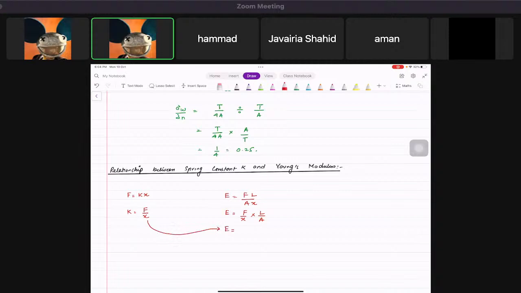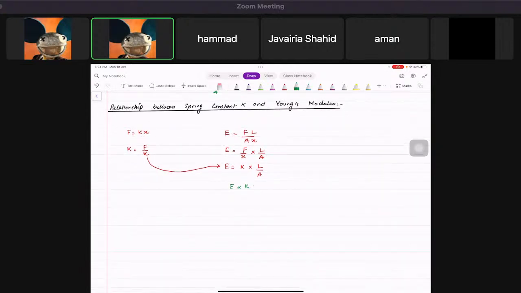So Young modulus then will be K times L upon A, because length and area is just constant value, so it means E is proportional to K, which basically means that Young's modulus also represents stiffness of a material as it is proportional to K. All right.